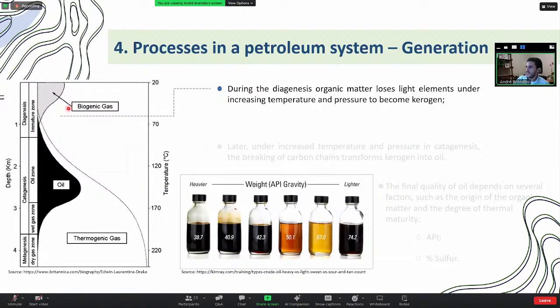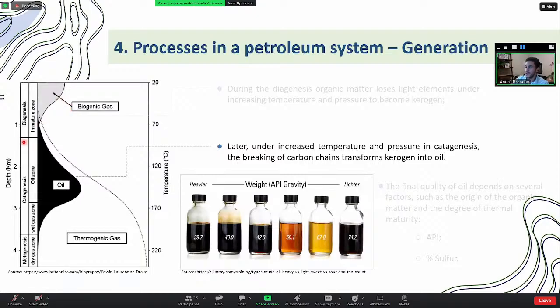But with increasing temperature and pressure, we get into what we call the oil window, and with the increasing pressure and temperature, nature is able to break the carbon chains and transform kerogen into oil. This is the catagenesis.